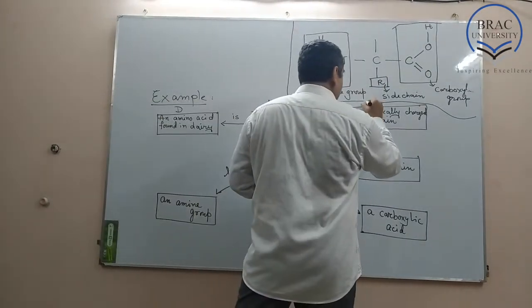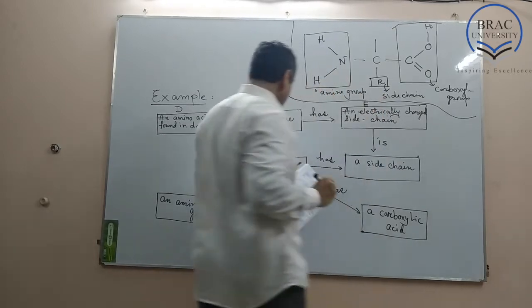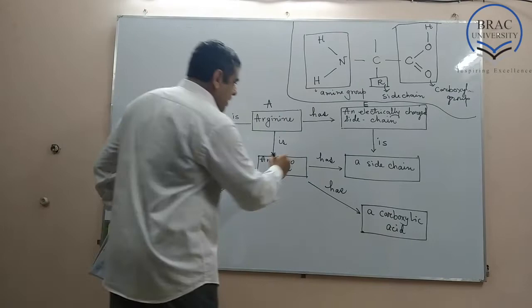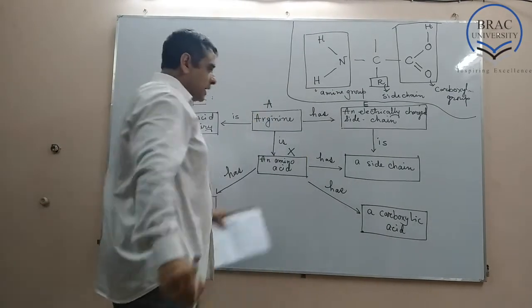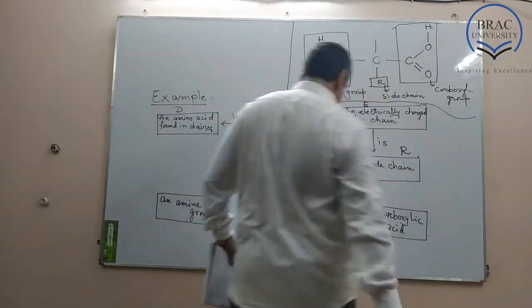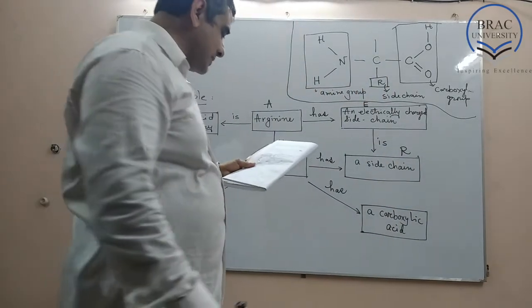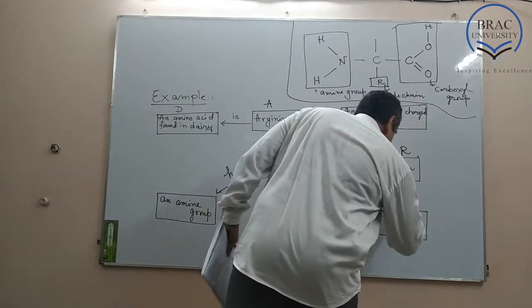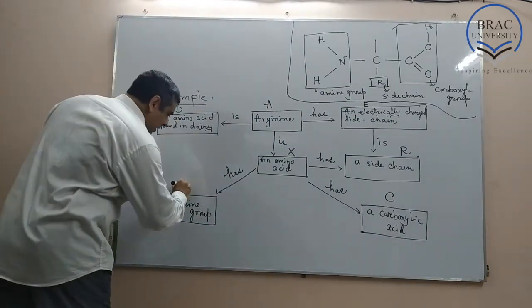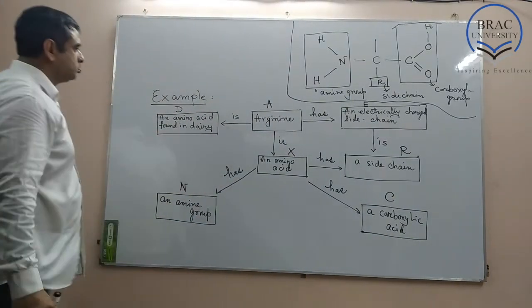And it has label E. An amino acid has label X. A side chain has label R. A carboxylic acid has label C. Amine group has label N.